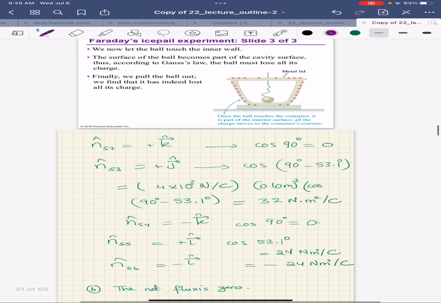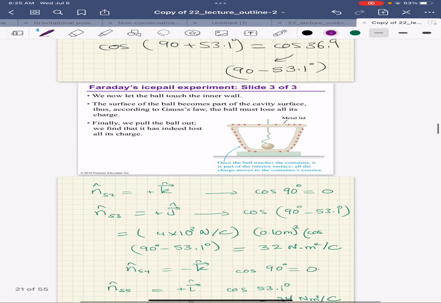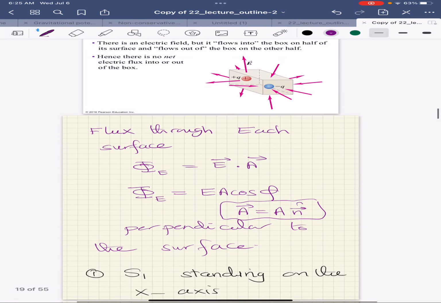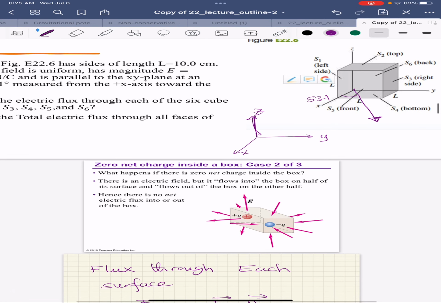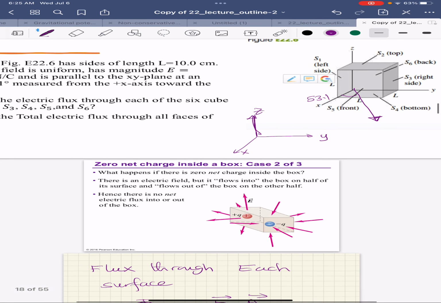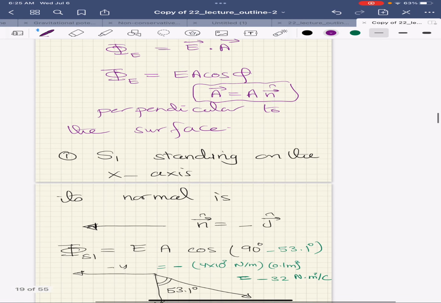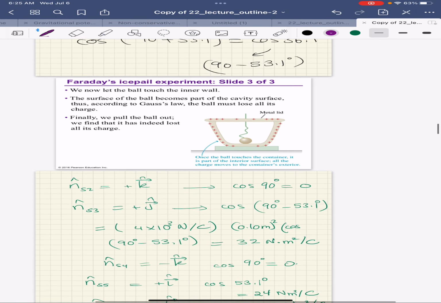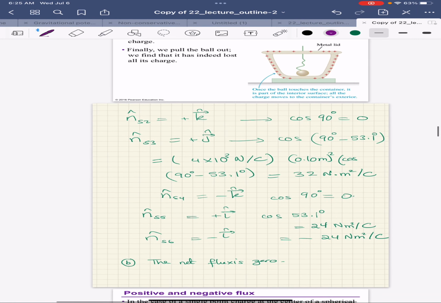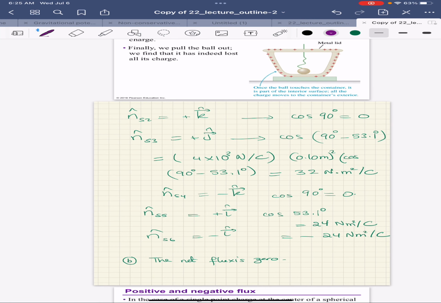I continue here with the same idea. For S2, it is the one on the top. Therefore, its area vector is along the z, so it is k. It's going to have cosine 90, which is 0, and then the flux here is 0.